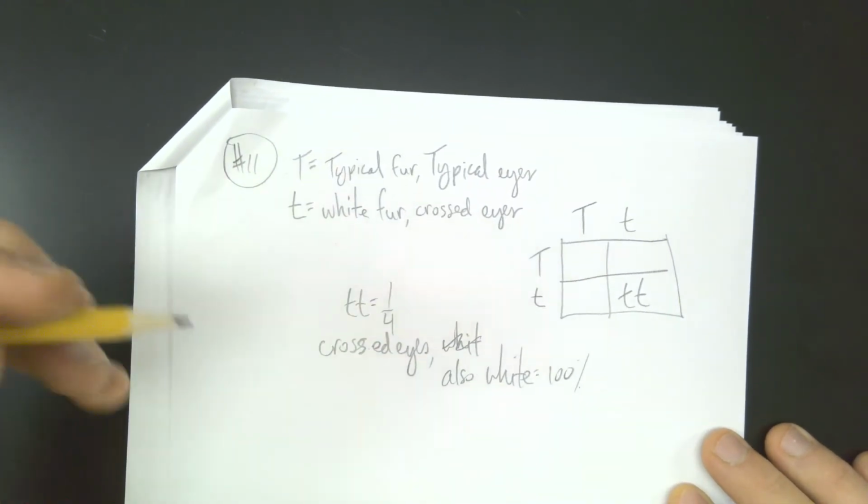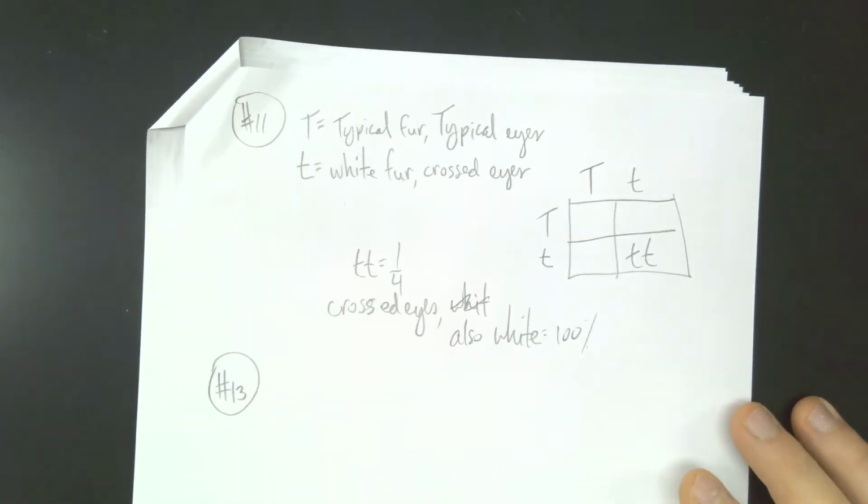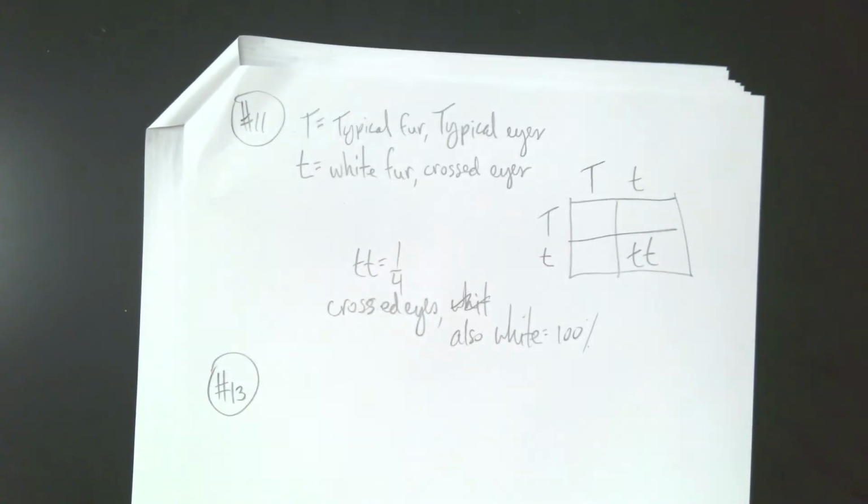All right, next up, we've got number 13. The pedigree below traces the inheritance of alkaptonuria, a biochemical disorder. Affected individuals, indicated here by the colored circles and squares, are unable to metabolize a substance called alkapton, which colors the urine and stains body tissues.